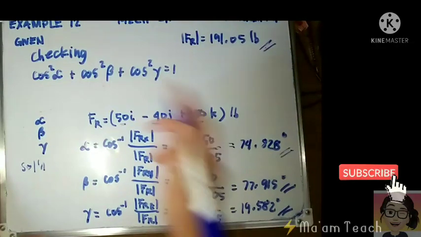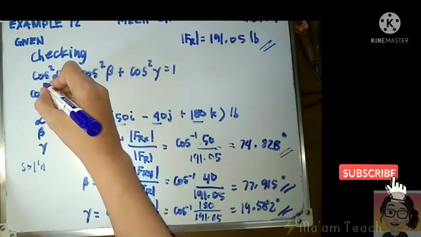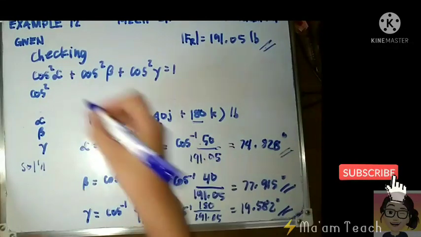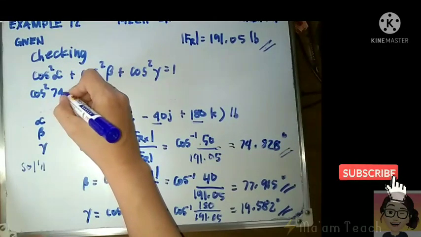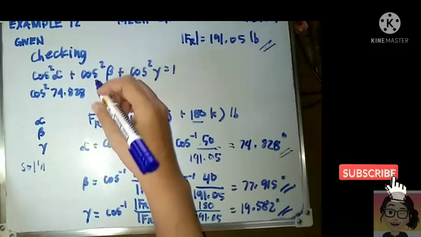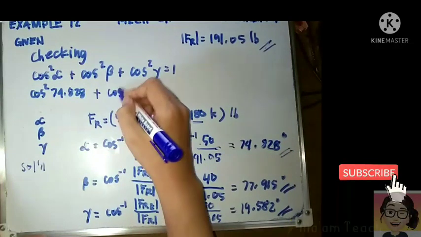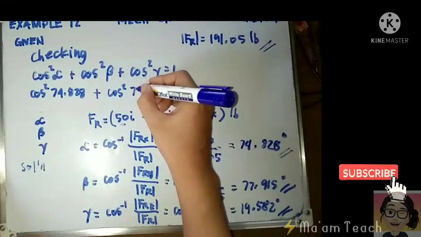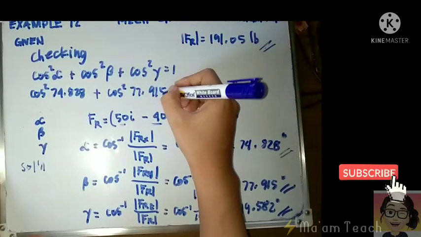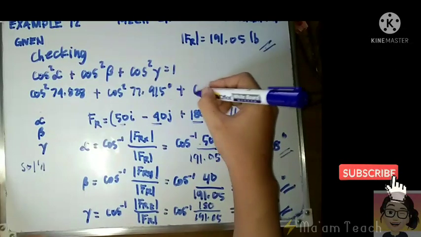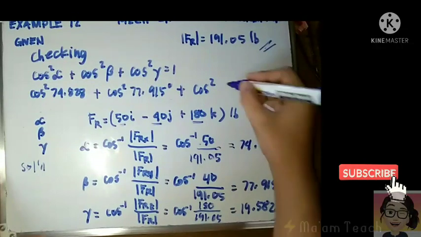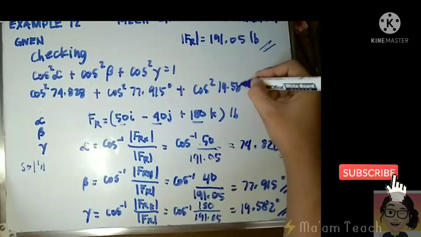Substituting, we have cosine squared 74.828 plus cosine squared 77.915 plus cosine squared 19.582, using grouping symbols.